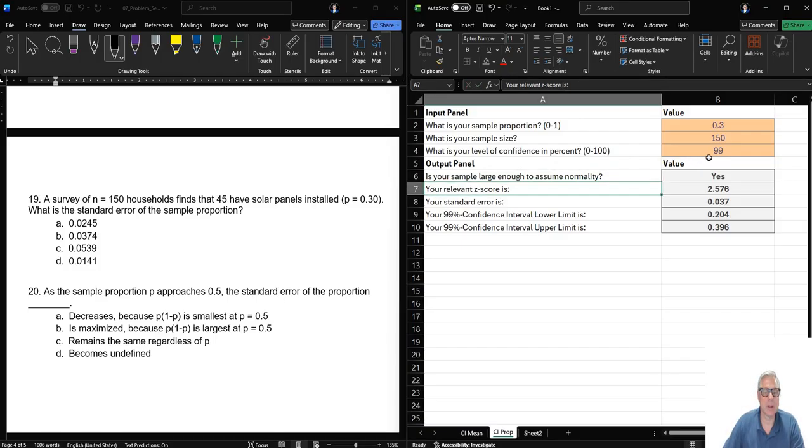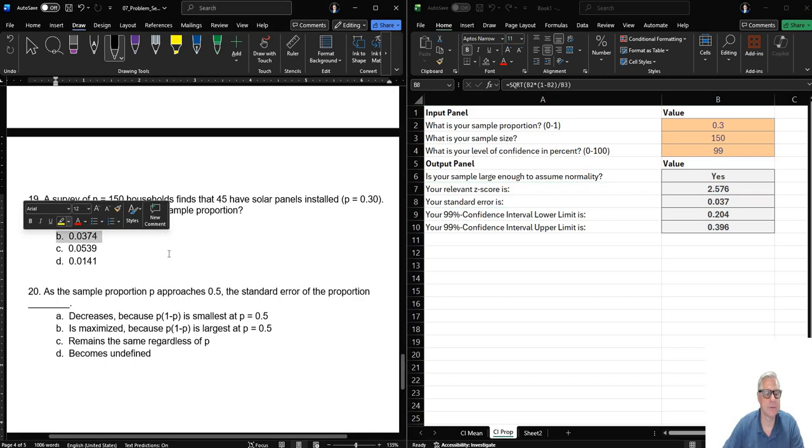And what is the standard error of the sample proportion? Well, your standard error is 0.037. Technically, what we did is 0.3 times 0.7 divided by 150, and of that we took the square root.